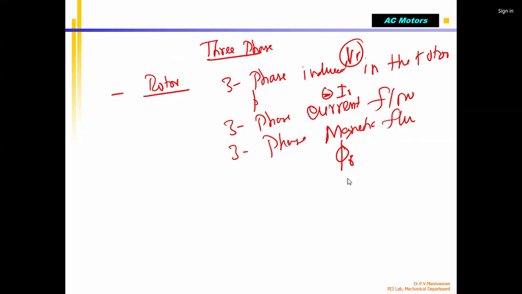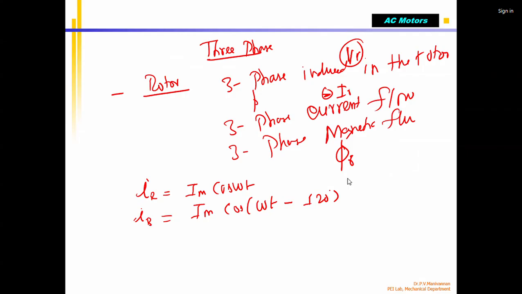The current generated in each phase: I can say IR is going to be IM into cos omega t. IB is going to be IM into cos omega t minus 120 degree, because you know that the stator coils are physically shifted by 120 degree, and the three-phase input voltage also has a 120 degree phase shift.